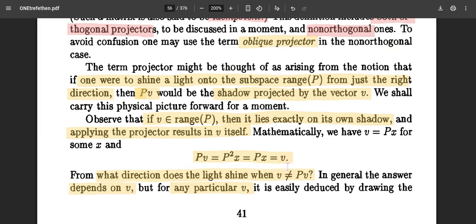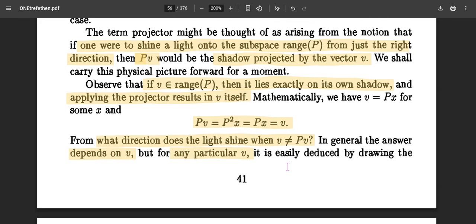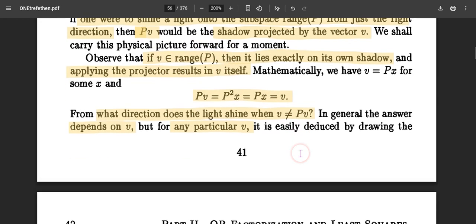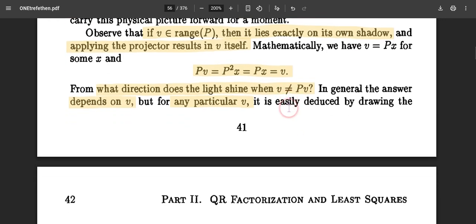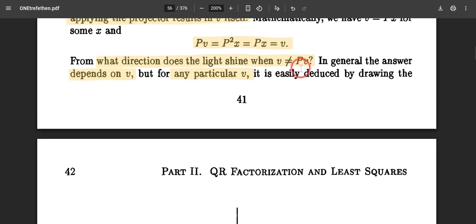So in what direction does the light shine so that v is not equal to Pv? Suppose v is not in the range of P. Then the projection of that vector will not be equal to v. We project onto Pv, and the remaining part is taken by the line called Pv minus v.